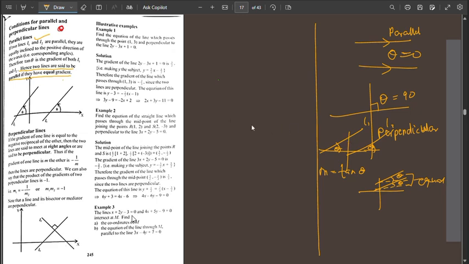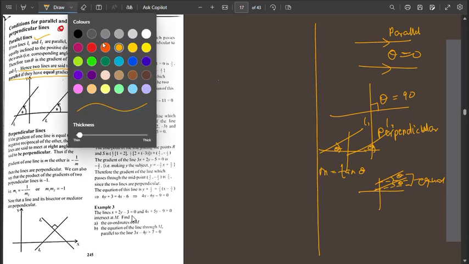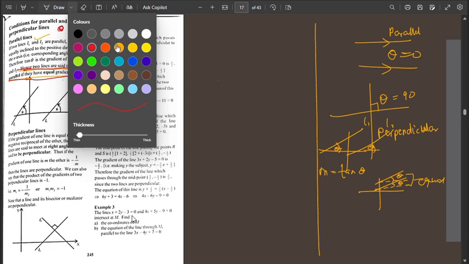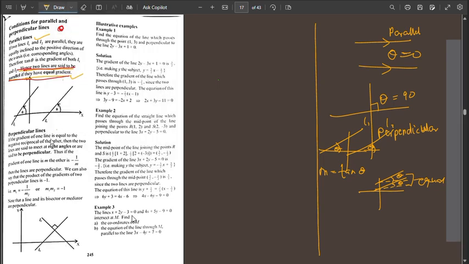That is the point they make here: if lines are parallel, then they have equal gradients. We need to keep that in mind. I'll use the red ink there. If lines are parallel, they should have the same gradients. Perfect. Let's go back to my yellow marker. That's it for parallel.